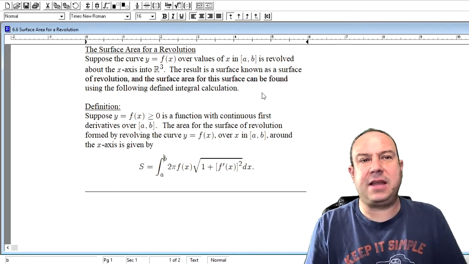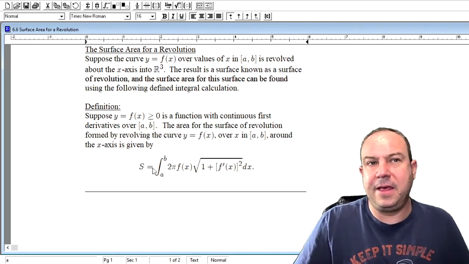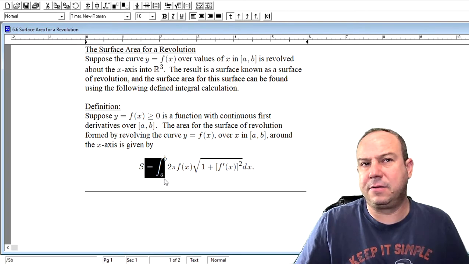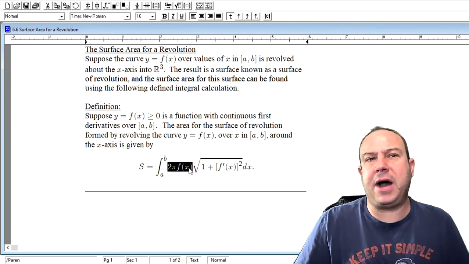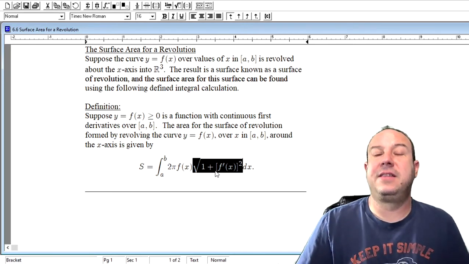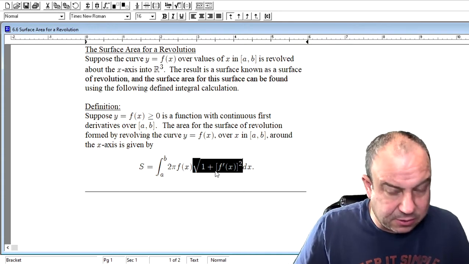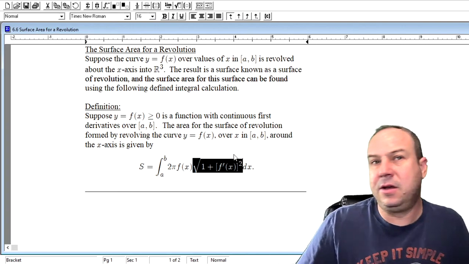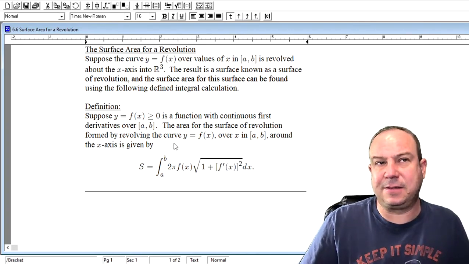It is given by this calculation: S equals the integral over that interval of x from a to b of 2 pi times f of x times the square root of 1 plus the quantity f prime of x squared underneath that radical symbol, all integrated with respect to x.